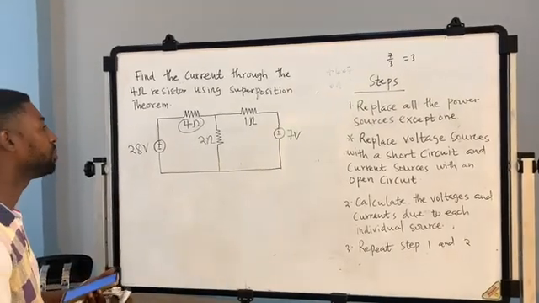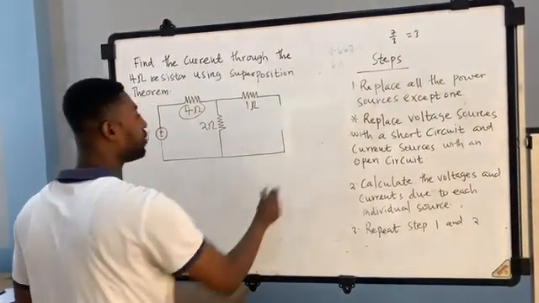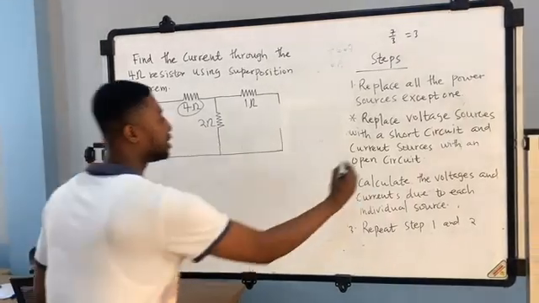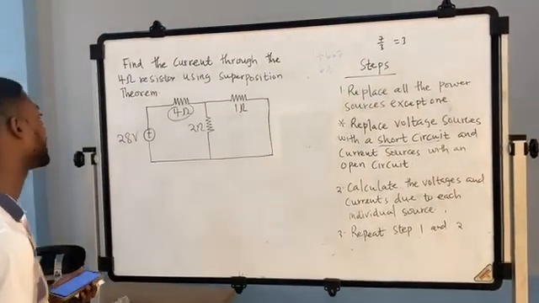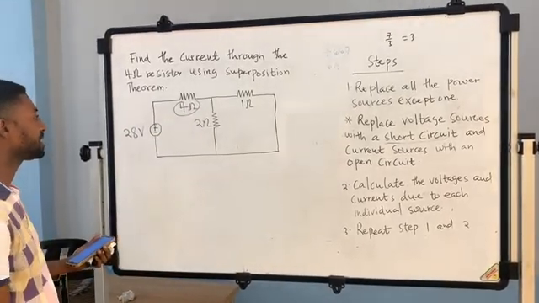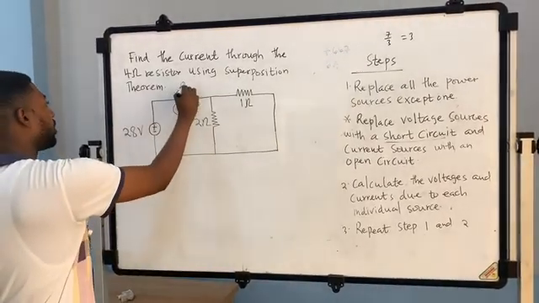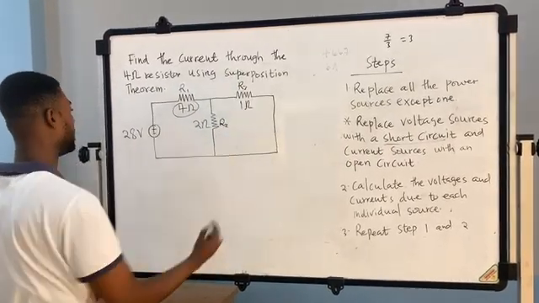So we are going to replace the voltage source except one. Since it's a voltage source, we represent it with a short circuit. Now let's calculate the current flowing through the 4 ohm resistor. Let's say this is R1, R2, R3.